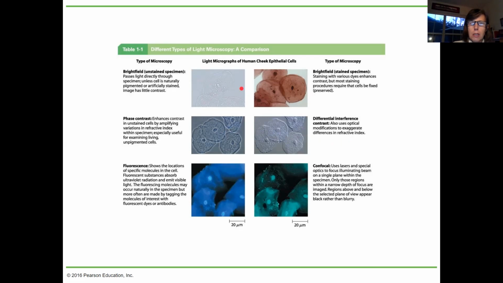And there you can't see the cell outline and the inside of the cell as well. So these all three can be used for live cells. Now, this stained bright field here is not something that's compatible with living cells. The cells have to be fixed for that. But with these you can look at some sort of living cell process.